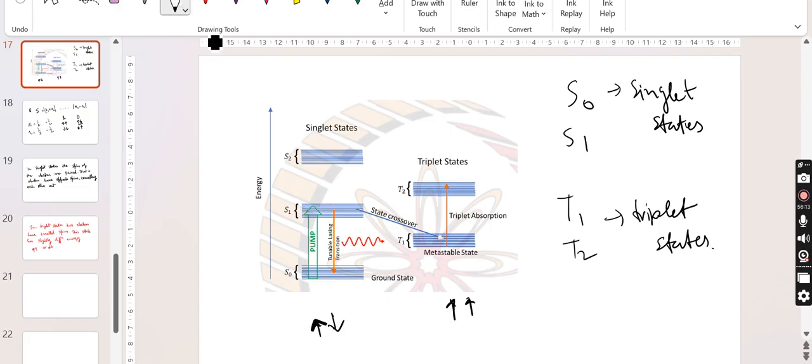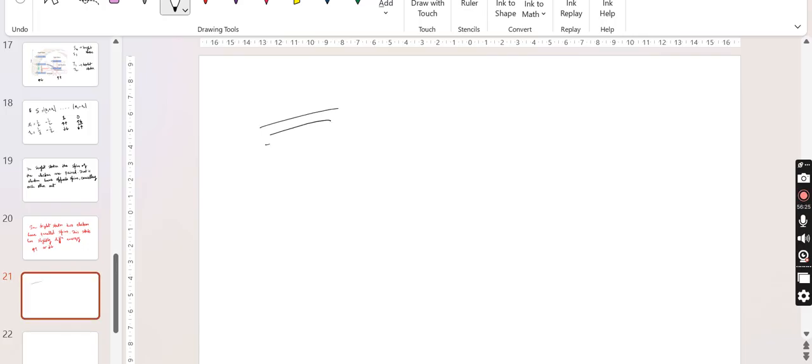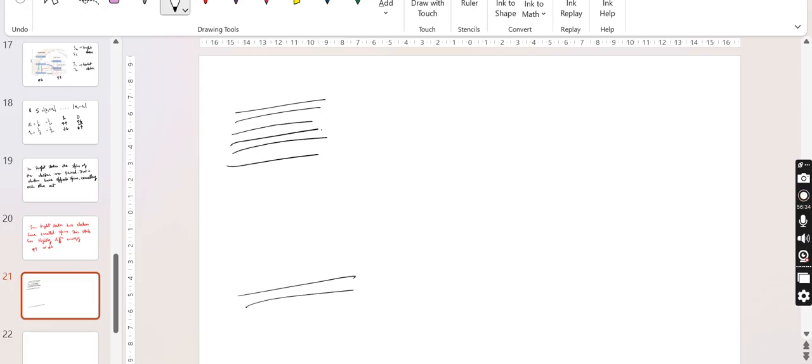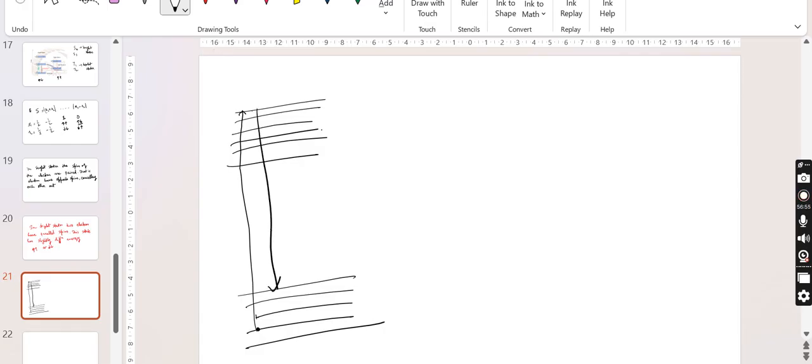S0 and S1 both have multiple closely spaced energy levels. So let us assume there are different states. Here the splitting is different. So one atom goes up to that state, and from there it comes down here.